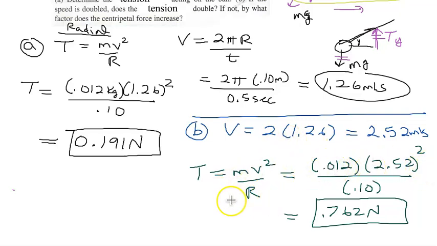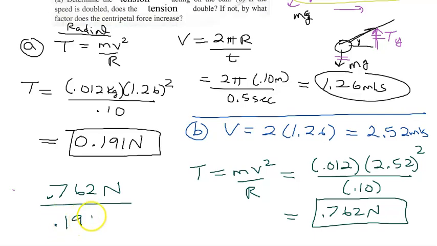And so if you do a lot of physics or math or economics, you will see that logically, if I double the speed and then square it, 2 squared is 4. So the tension is 4 times bigger. But if you are still practicing that skill, you can just do out the numbers and say my tension is 7.62.